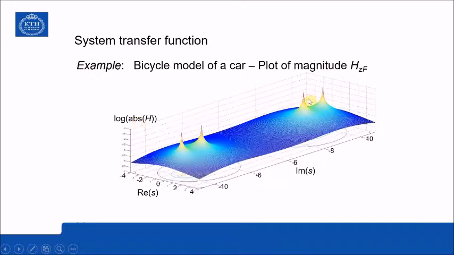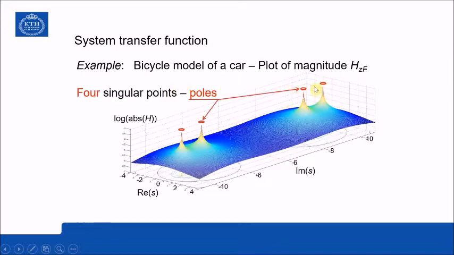As you can see, we have 4 distinct peaks, and those correspond to the poles. Since the poles are the roots of the denominator polynomial, these are singular points of the system transfer function. So at these poles, the peaks tend to infinity. So we have 4 singular points, 4 poles corresponding to the 4 roots of the denominator polynomial.